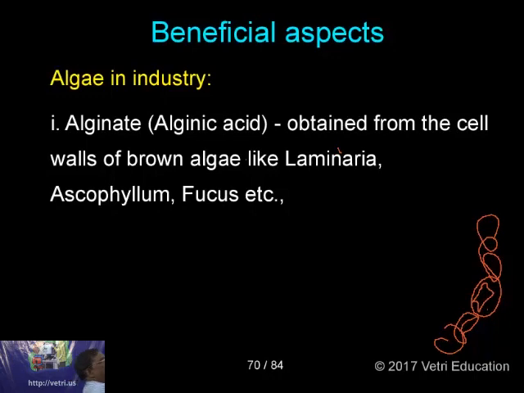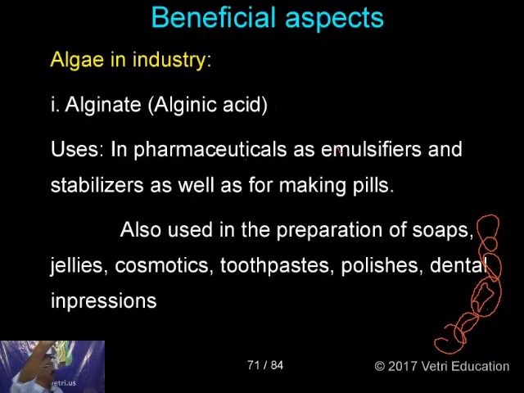This alginate may be used in different ways in pharmaceuticals as emulsifier and stabilizer, as well as for making pills, for preparation of tablets, etc. This alginate is also used in the preparation of soaps, jellies, cosmetics, toothpastes, polishes and dental impressions.